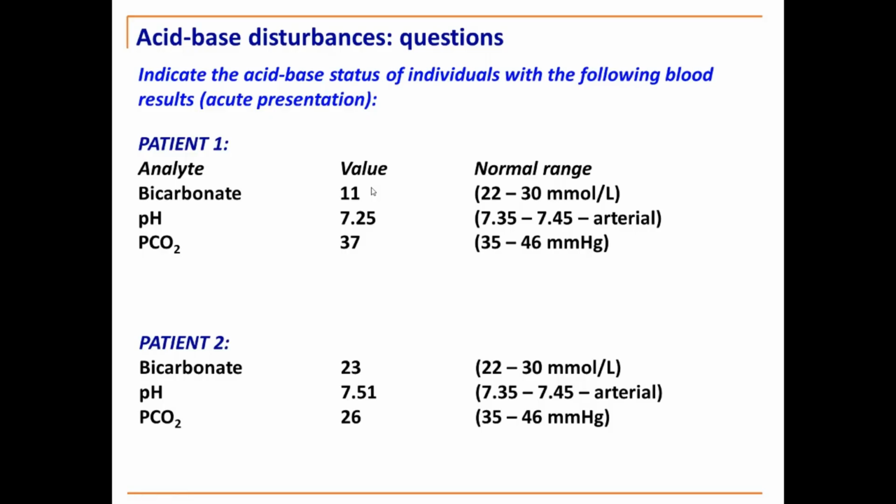Now, why has the bicarbonate gone down? Well, we'll talk about it a little bit later, but the bicarbonate is buffering the hydrogen ions. So it's taking away the hydrogen ions, which means the bicarbonate levels have gone down. So that's a metabolic acidosis. Can you think of some of the potential causes of metabolic acidosis?